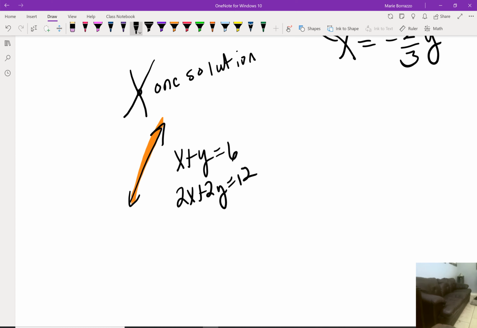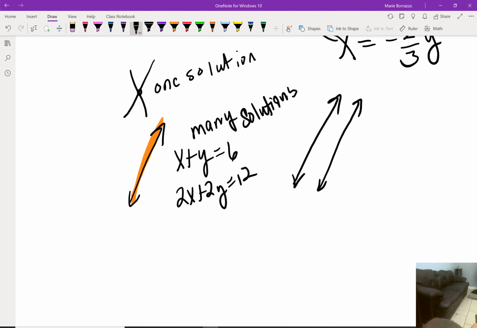So that's infinitely many solutions. And then there are the parallel lines. The parallel lines are a null set. This is the one where, yes, they have the same slope, but there is no intersection, so there is no solution. So we refer to this as a null set.